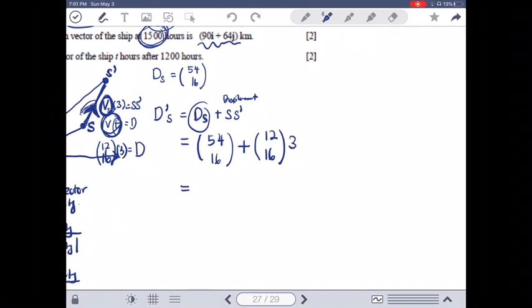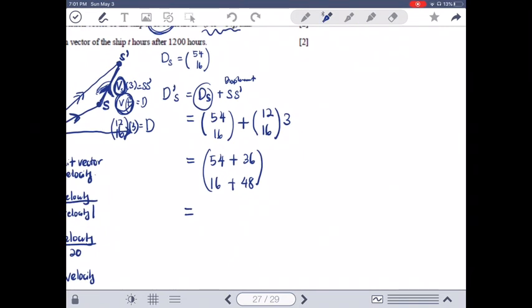So we have 54 plus 36, 16 plus 48. So 90, 64.